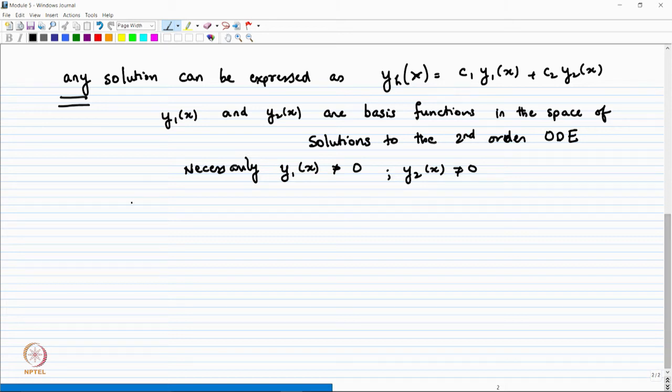Now notice a few things about vector spaces. The set of all functions of x is a vector space of functions.